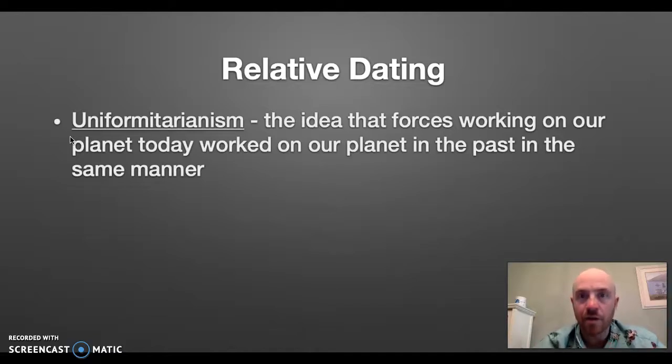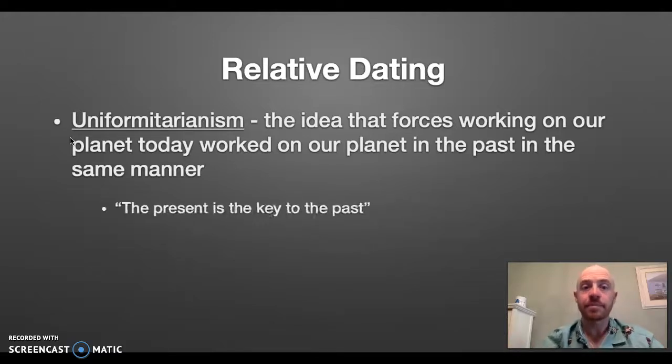So things like gravity, things like erosion, are all the same exact forces working on our planet today that were working in the past. Okay, and that's really important when we talk about determining the age of rocks, because if the forces are always the same, then we don't have to worry about there being anything new to potentially change the rules that we're going to create and come up with today.